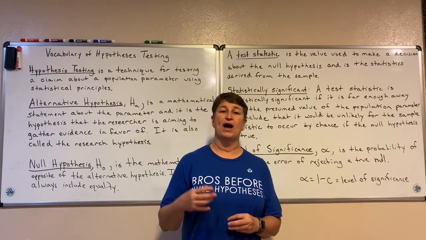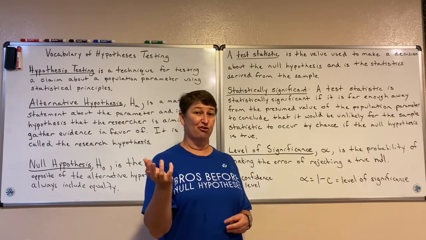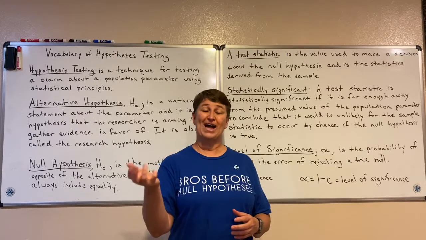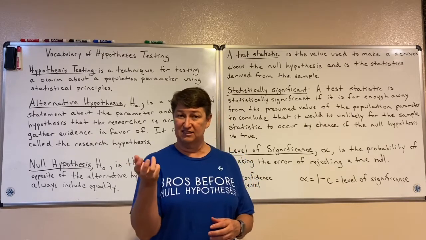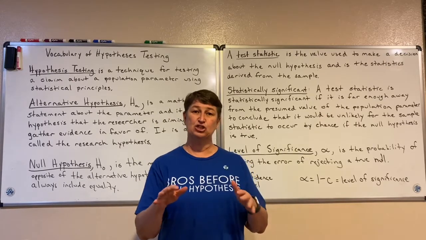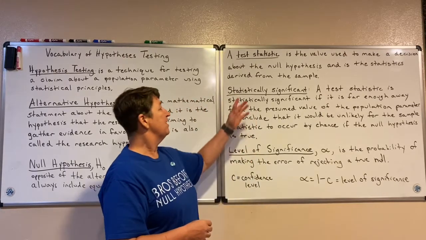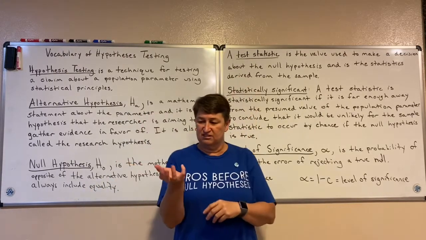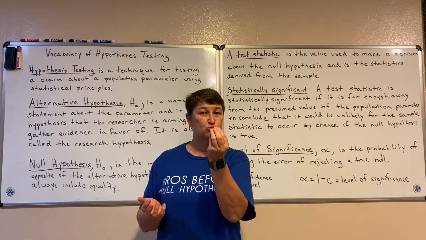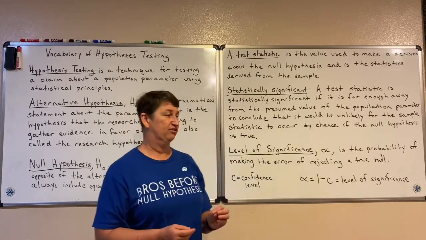And in order to do that, we're going to go out and collect a sample that's at least 30, and it's a nice simple random sample, so that we know that that statistic from that sample fits into that sampling distribution that has that normal shape to it. And then that is the test statistic. The statistic we get from our sample, we're going to use to test our hypothesis. And so therefore it's called the test statistic.